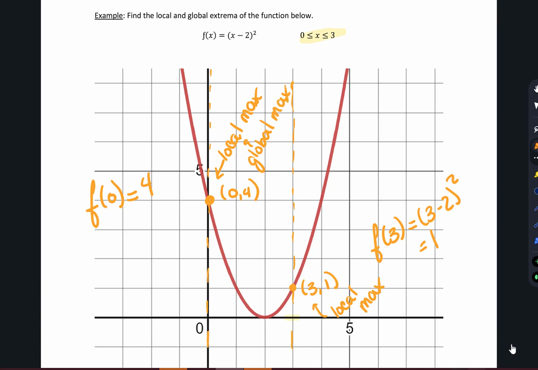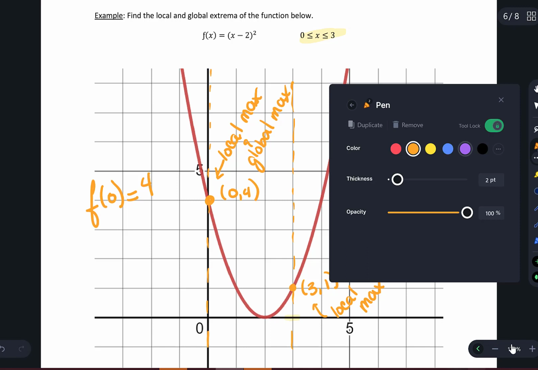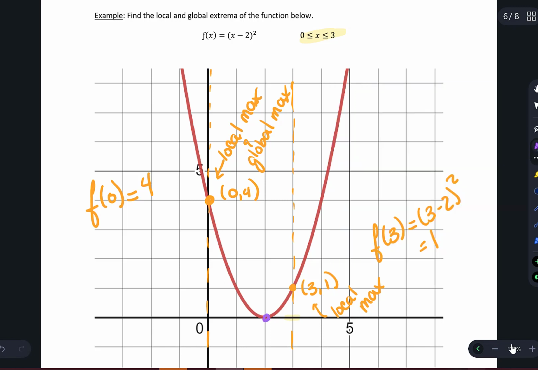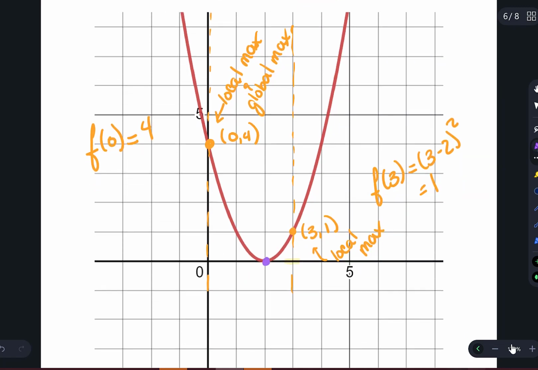Now in terms of minimums, there's only one minimum, and the minimum occurs right here. So the minimum is occurring at the point when x is equal to 2. And so again, if we evaluate the function at 2, we'd find this is the point 2, 0. So this point is the local and the global minimum because it's the only one.